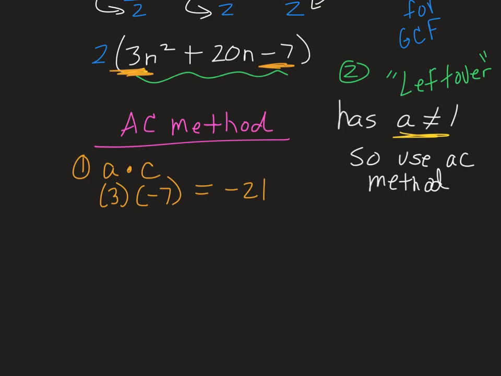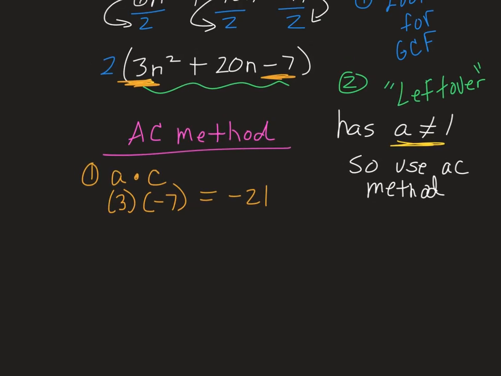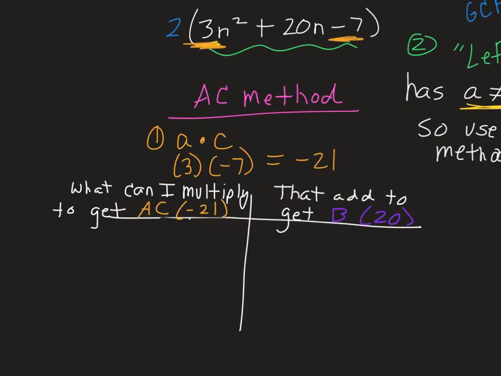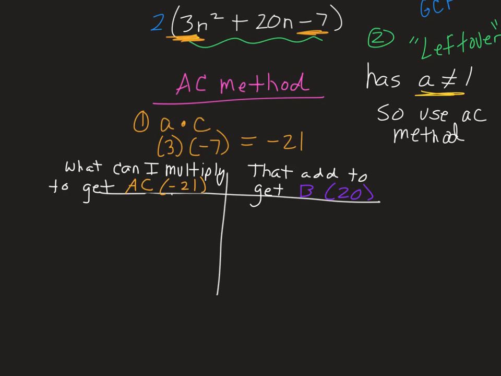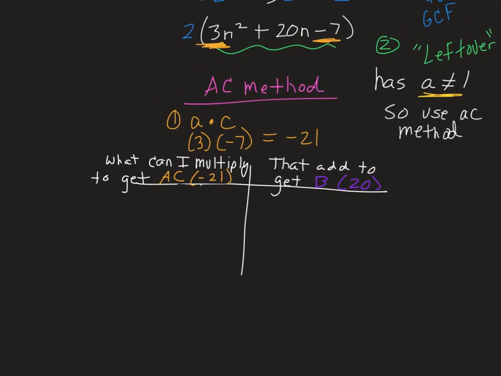The next step is that I need to set up a table. So I'm going to set myself up a little table here. So step 2, after I've multiplied a times c, is that I'm going to set up a table. And on the left side of that table I'm going to figure out what are the numbers that I can multiply to get a times c.